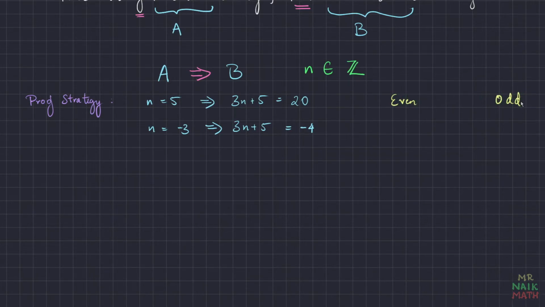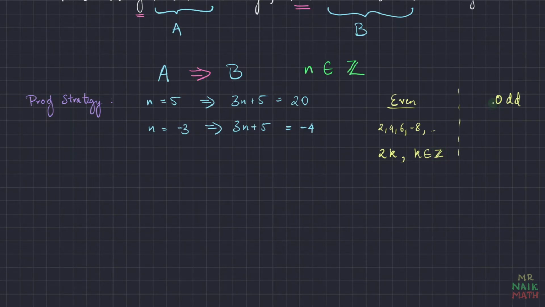Even integers, as you know, look like 2, 4, 6, negative 8, and so on. But we want to generalize the idea of an even integer. Every even integer, if you notice, is a multiple of 2. So we can write every single even integer as 2 times some other integer k. Mathematically, that is 2k, where k is an integer.